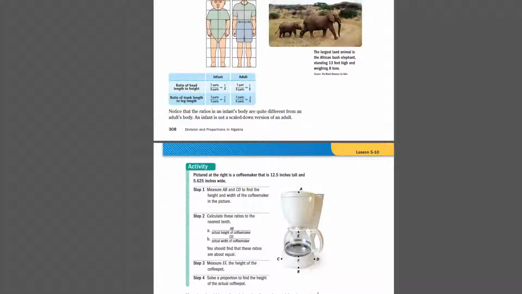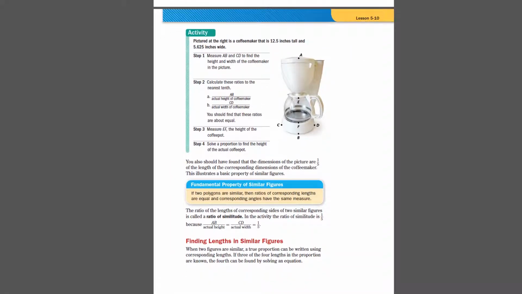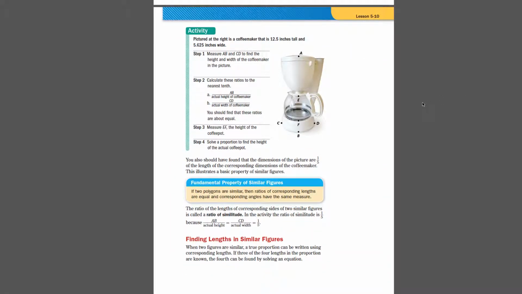If we see here in the coffee pot activity, pictured as a coffee maker, it's 12.5 inches tall, 5.625 inches wide. Well, that's the actual height. Now we're looking to see what the height and width of the coffee maker in the picture is.